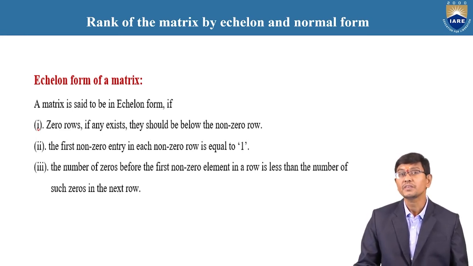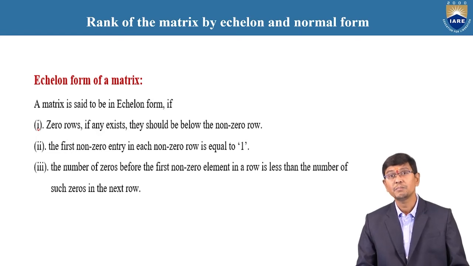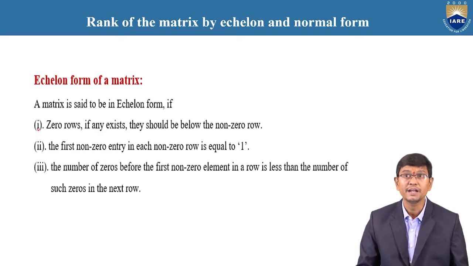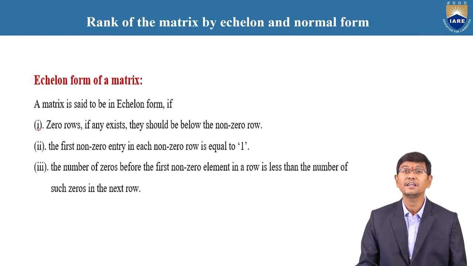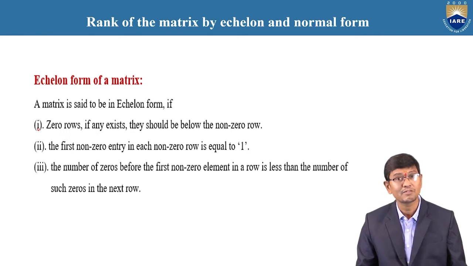The third condition: the number of zeros before the first non-zero element in a row is less than the number of such zeros in the next row. It is a very important point to remember in the echelon form of a matrix.